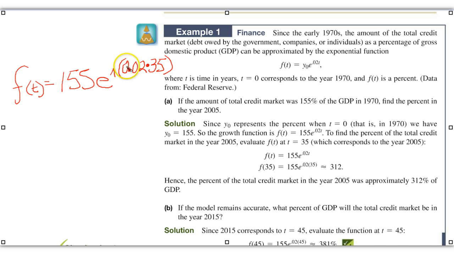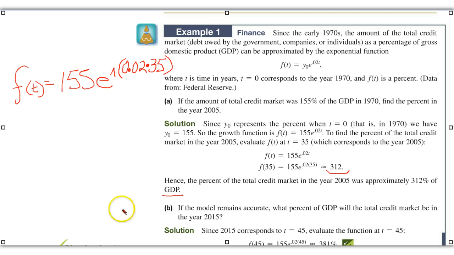You don't need to put the 0, but you can. 0.02 times 35, that's your t, close parenthesis, and then just hit enter. And it rounds off to approximately 312. So that would be, again, a percent of GDP.